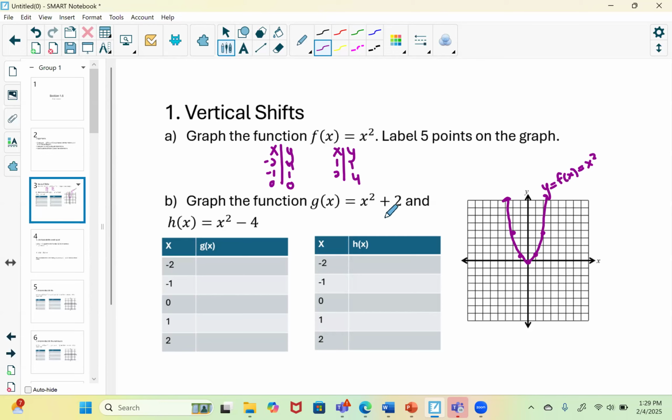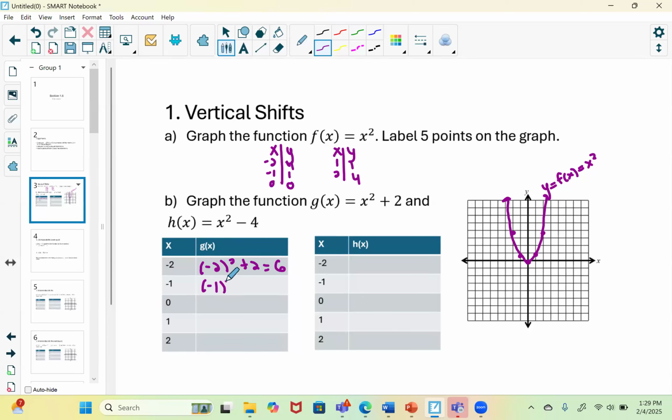So we're going to look at two other functions, g of x, which is x squared plus 2, and h of x, which is x squared minus 4. Okay, so for g of x, we're going to plug each of these into this function and then graph it. So we have negative 2 squared plus 2. I'm plugging this x value into my g of x. Negative 2 squared is 4, so 4 plus 2 is 6.